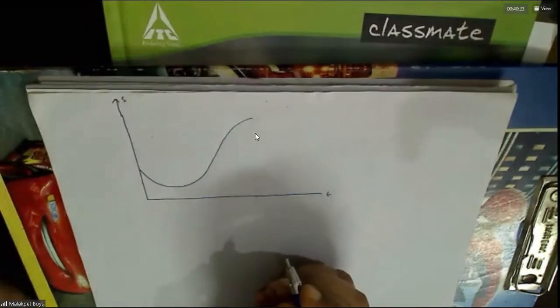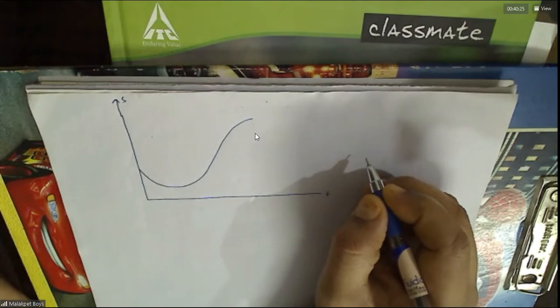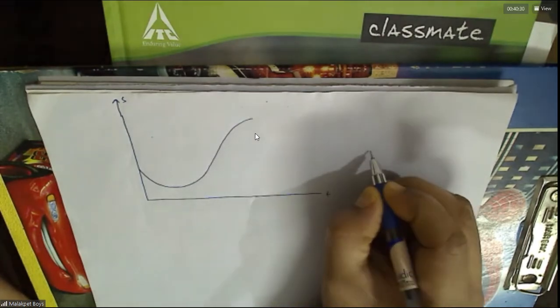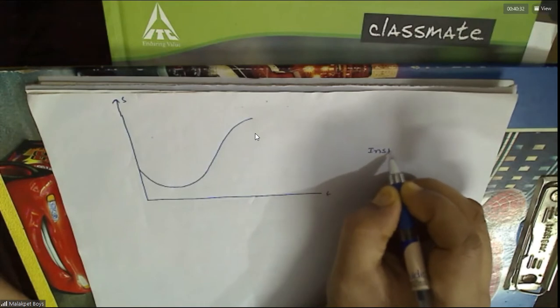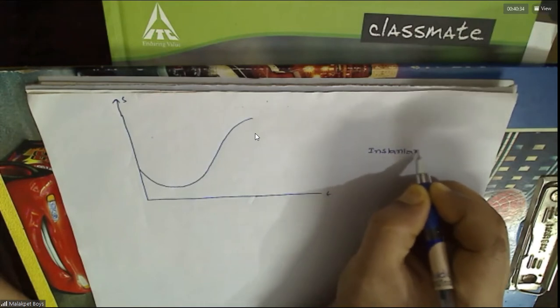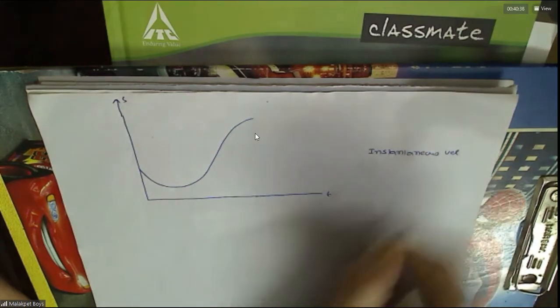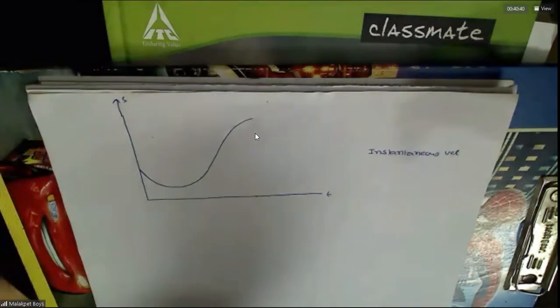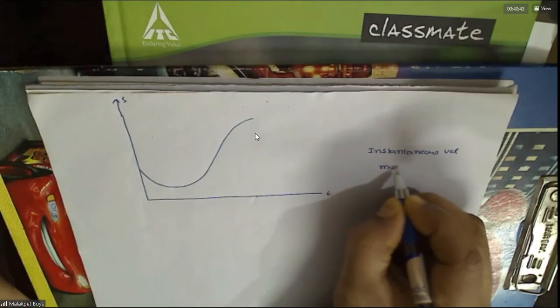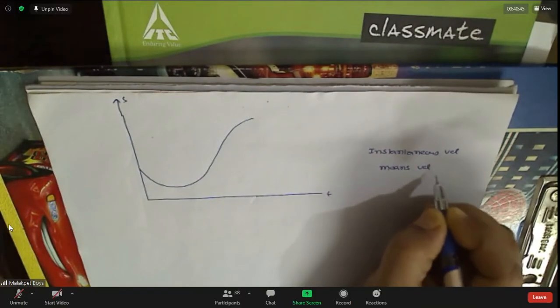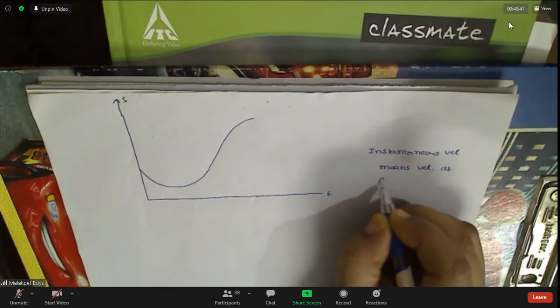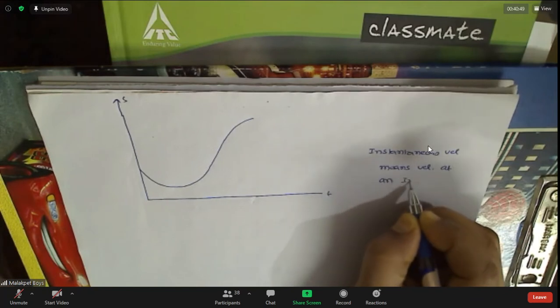Observe what is being asked. Instantaneous velocity means the velocity at a point, an instant, one time.